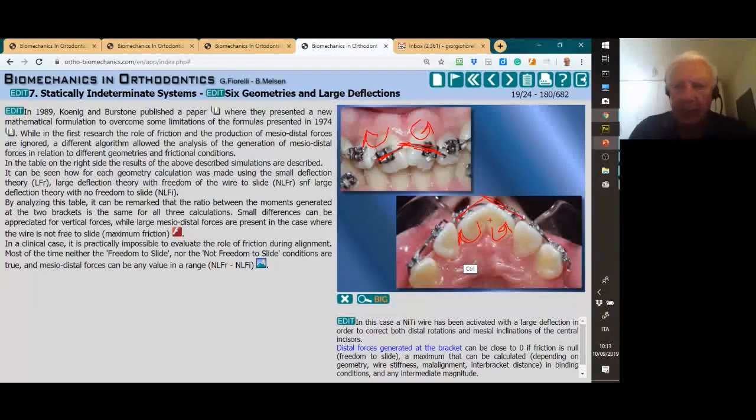If we had the pure rotation of these teeth, this means that the center of rotation, which is somewhere here, is not moving, and the crowns would go one against the other.